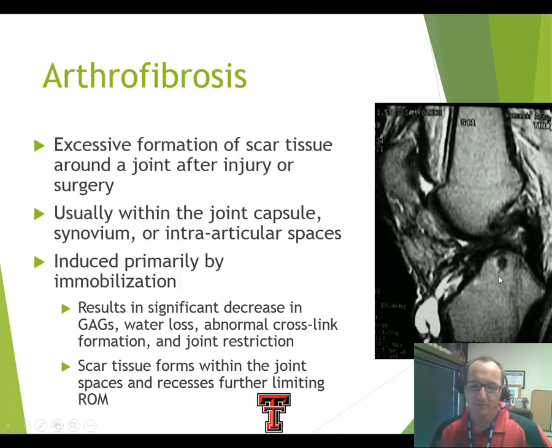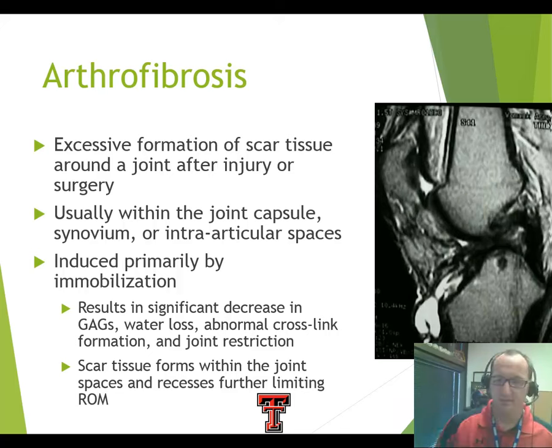Okay, arthrofibrosis, see this white signal here. The joint is visible in this lateral view. We get scar tissue around a joint after surgery or injury. This may be more common in some athletes than others if they have a tendency to scar out on their skin.